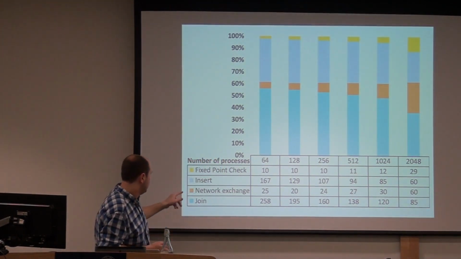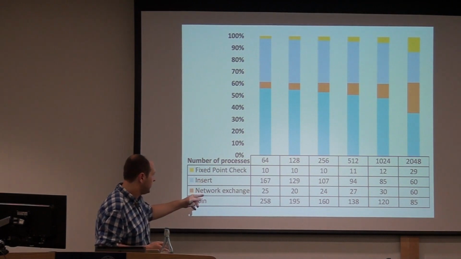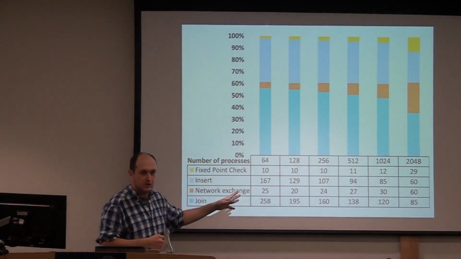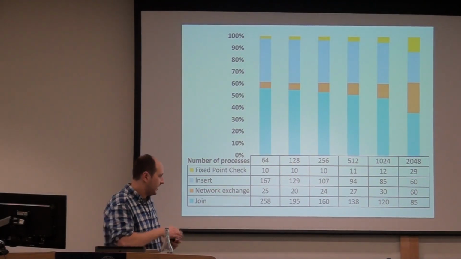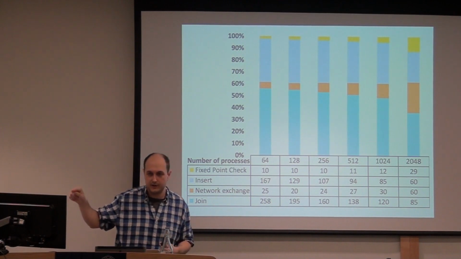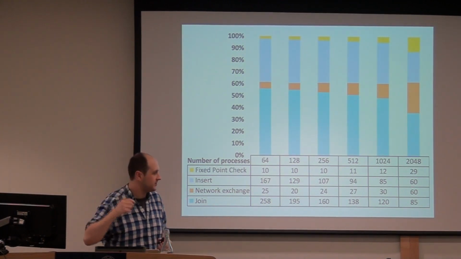And what's interesting is that network exchange and fixed point check, as a percent of the overall time, is really a very small, nearly trivial proportion. And it kind of goes up and down until 2048 cores, 2048 nodes, at which point it doubles.